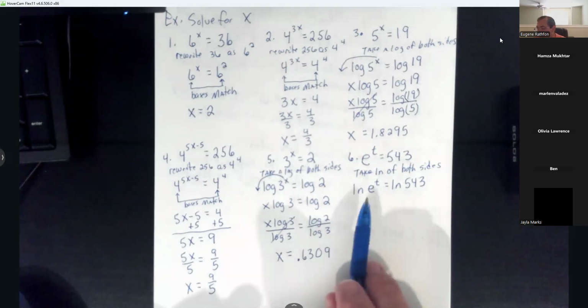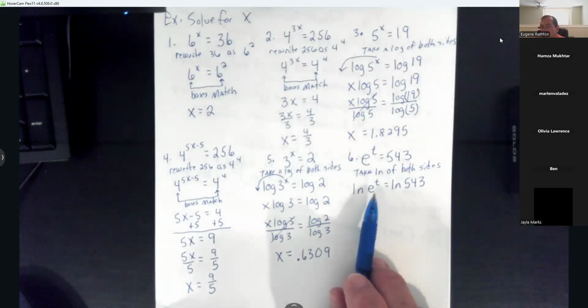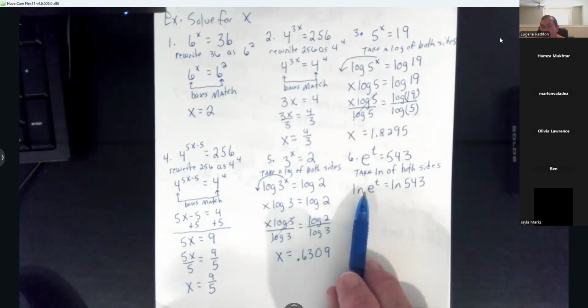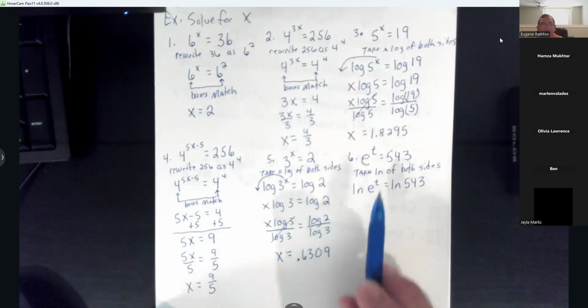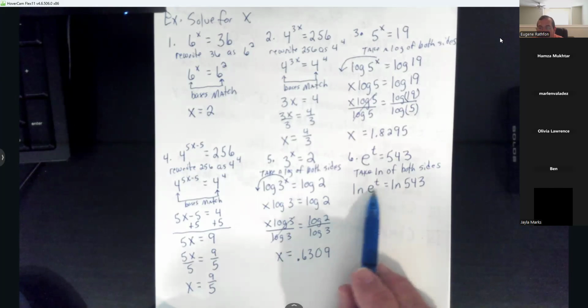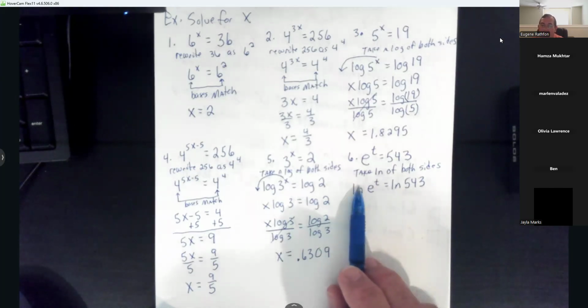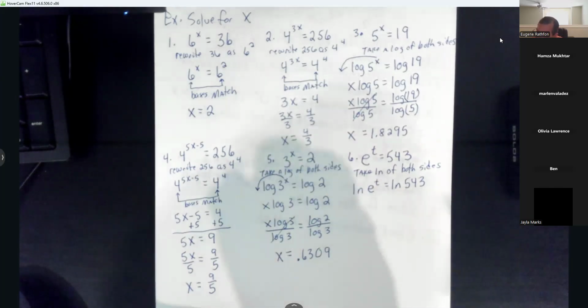So y'all, this is going to simplify a little quicker than the other ones. Remember, ln is really a log base e. So this is really a log base e of e to the t. So this whole left side, remember, we had that property yesterday.